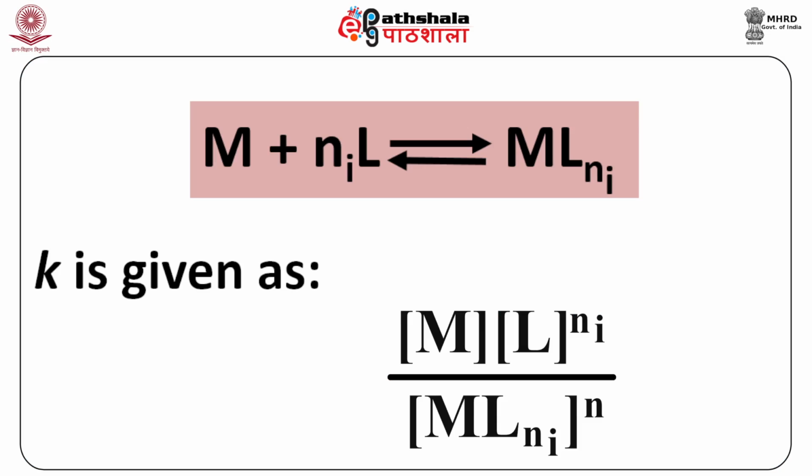Whereas, for a reaction of the type where metal M reacts with n-i ligand L to form the complex MLn-i, the dissociation constant K is given as the concentration of metal M to ligand L raised to the power n-i, divided by the concentration of the complex, to the power n, where n is the total number of ligands and i is the ith step of the reaction.